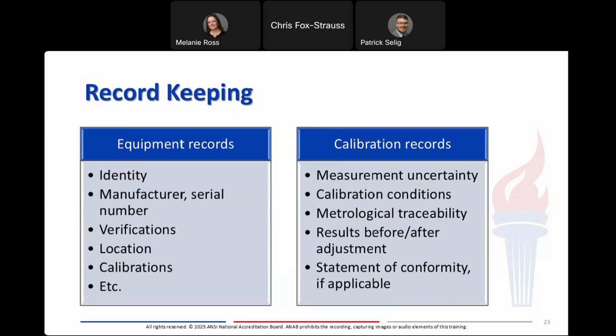Additionally, for calibrations performed, calibration records must be readily available that can contain the measurement uncertainty for the calibration, as well as the conditions under which the calibration was performed. Metrological traceability must be included in the records as well, along with the results before and after any adjustments. And then, if applicable, a statement of conformity would also need to be included in the calibration records.